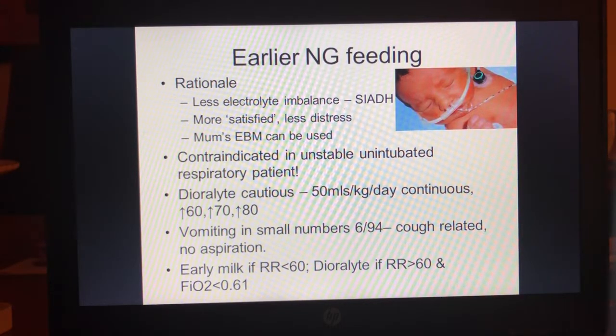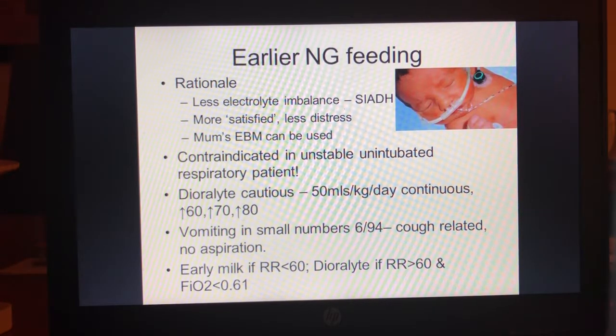So we decided that we would just go extremely cautiously. In fact, we started with 30 mils per kilo per day of diarrhea, and after a few patients, we realized that that was very well tolerated and quickly went up to 50. And as we became more confident in its safety, very gradually started increasing it.